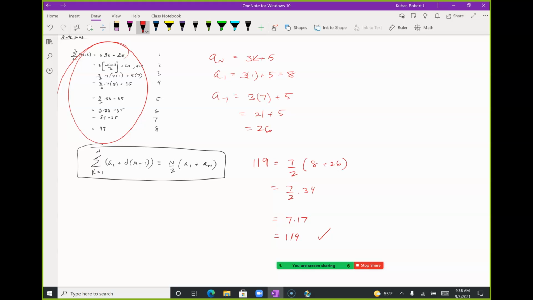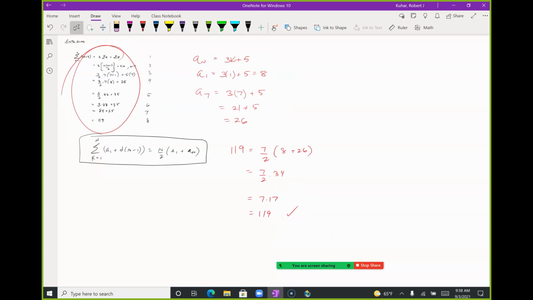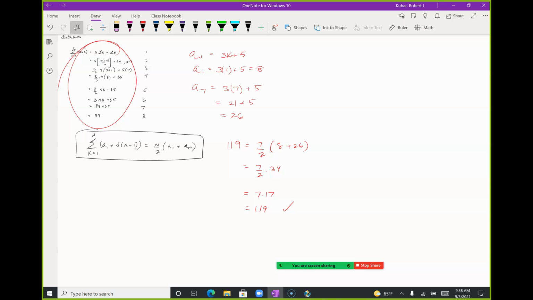But if you just have the first and last term, you still can find the sum of the series as long as you know it's arithmetic, right? So I guess I should prove that, but I'll save that for a minute here.